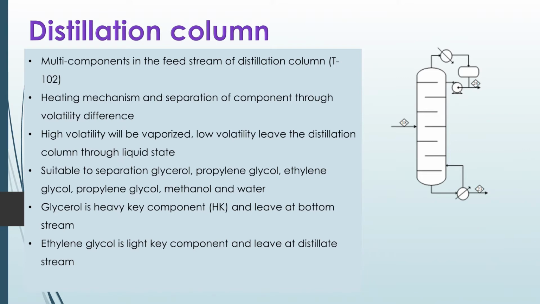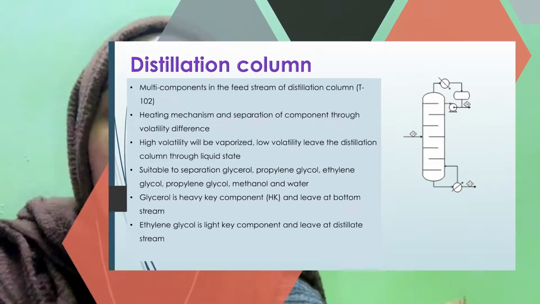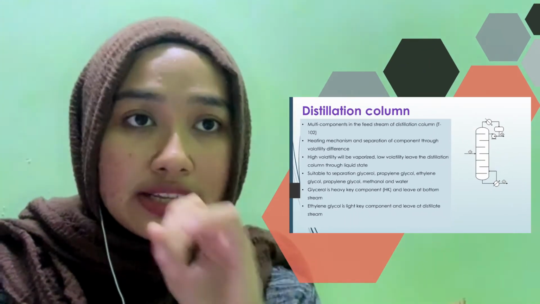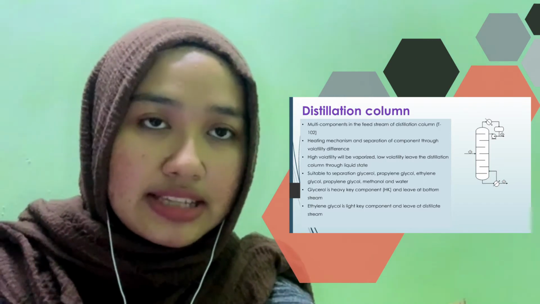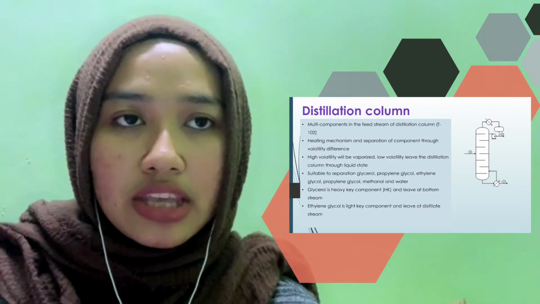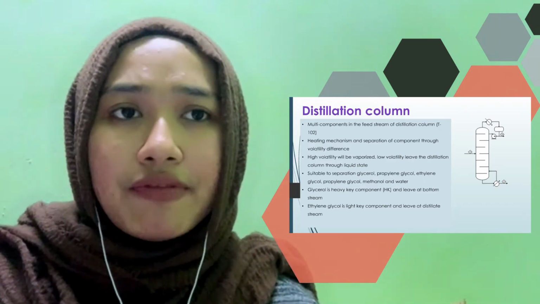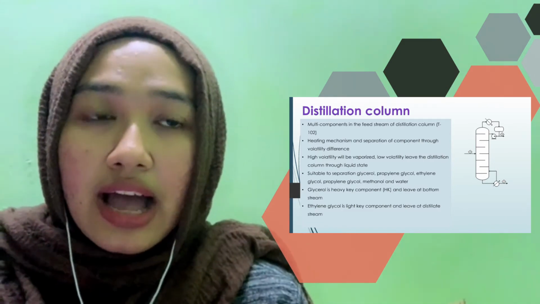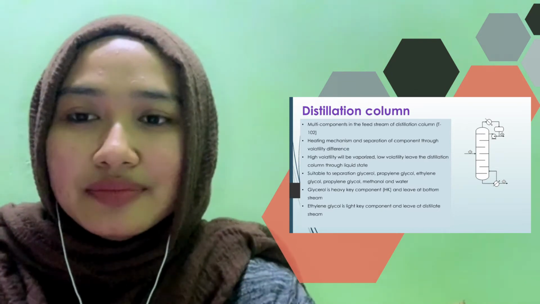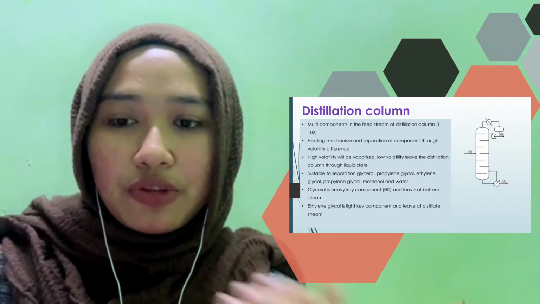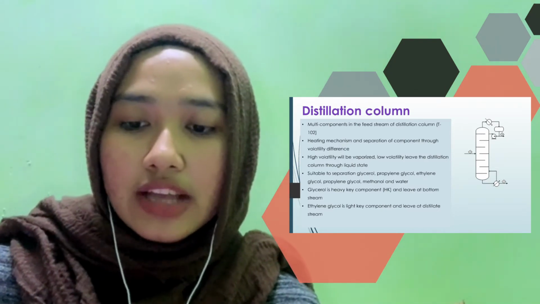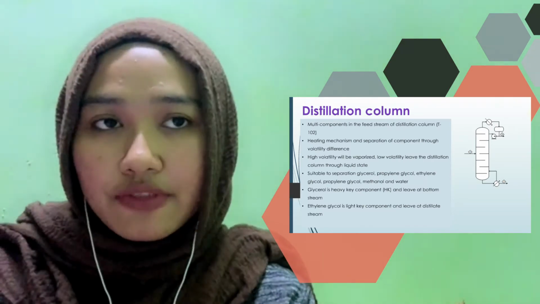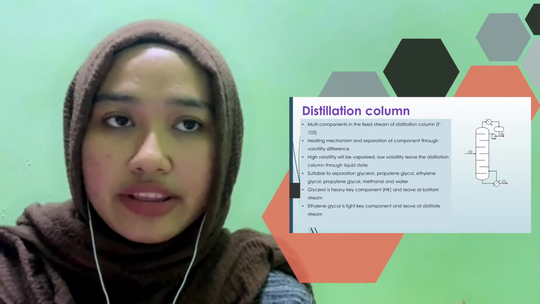Our next point is that glycerol is the heavy key component and ethylene glycol is the light key component. How do we determine which one is the heavy key and which is the light key? The heavy key always has the least volatility, and least volatility means a higher boiling point. As we know, the least volatile component in this reaction is unreacted glycerol.